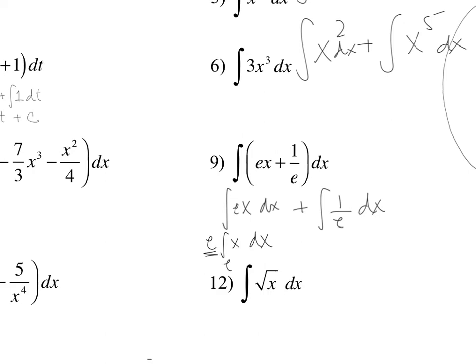So it is e x squared over 2, applying the power rule on that x, plus the integral of 1 over e. 1 over e is also a constant, so the integral of a constant is constant times x. Again, you're pulling out 1 over e, and you're taking the integral of 1, which is simply x, because the derivative of x is 1. So 1 over e times x. And let's not forget, plus c.